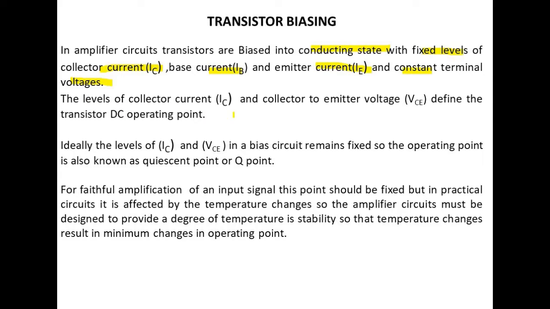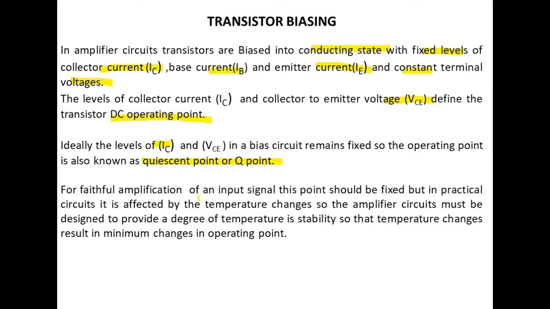The levels of collector current IC and collector to emitter voltage VCE define the transistor DC operating point. Ideally, the levels of IC and VCE in a bias circuit remain fixed, so the operating point is also known as the quiescent point or Q point.